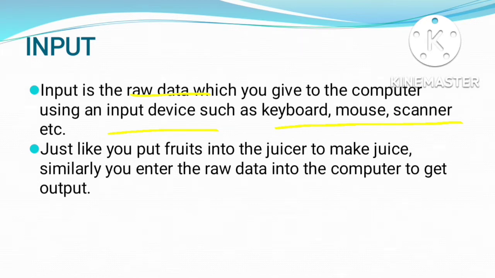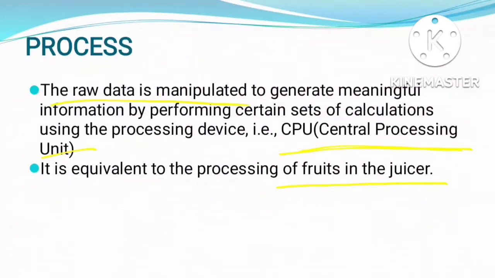Just like we put fruits into the juicer and make juice, what we need for the juice is some fruits as ingredients. So these fruits are the raw data. Similarly, you enter raw data into the computer to get the output. Processes. Who is processing? The raw data is manipulated to generate meaningful information by performing certain sets of calculations using the processing device.